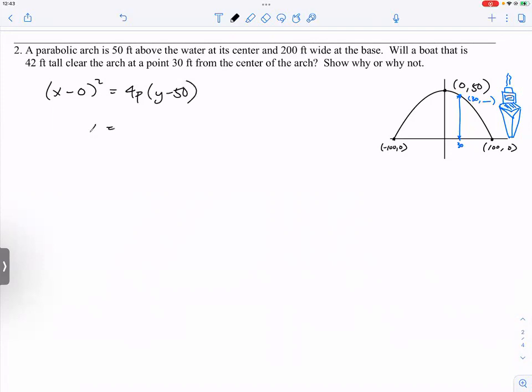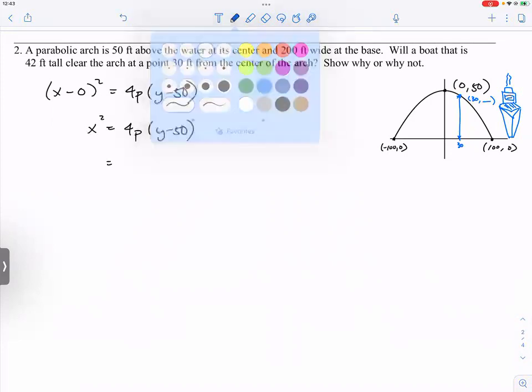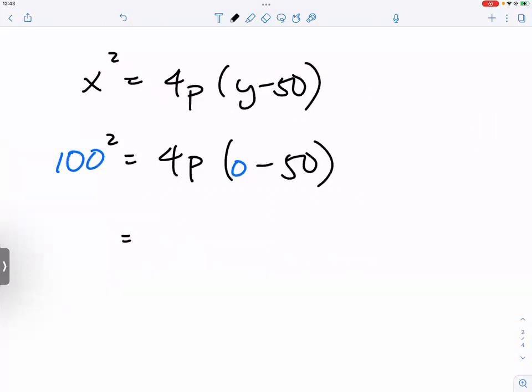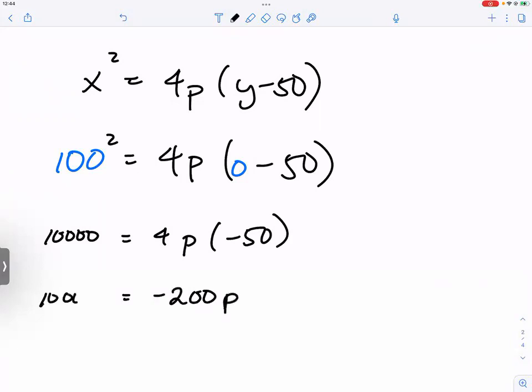And then just like the earlier question, we will need to find out the p-value, and to do that, we will plug in a point, and we will go ahead and use (100, 0) to find out the p-value. So you have 10,000 equal to 4p times negative 50. So you get negative 200p equal to 10,000.